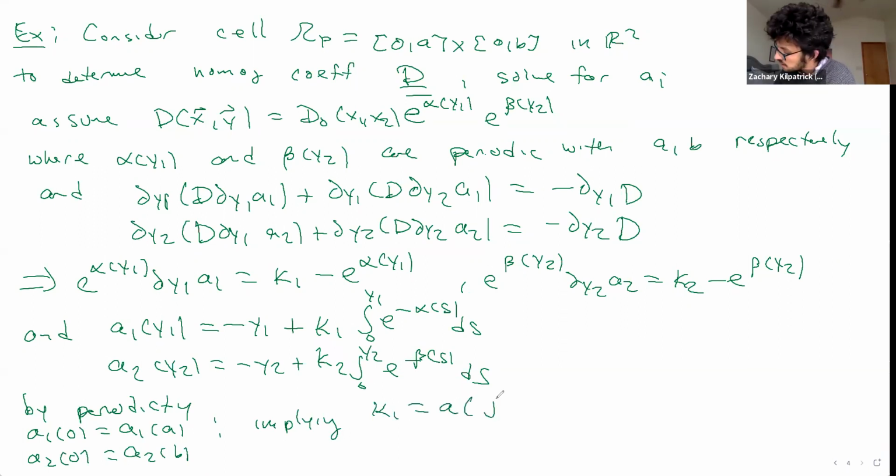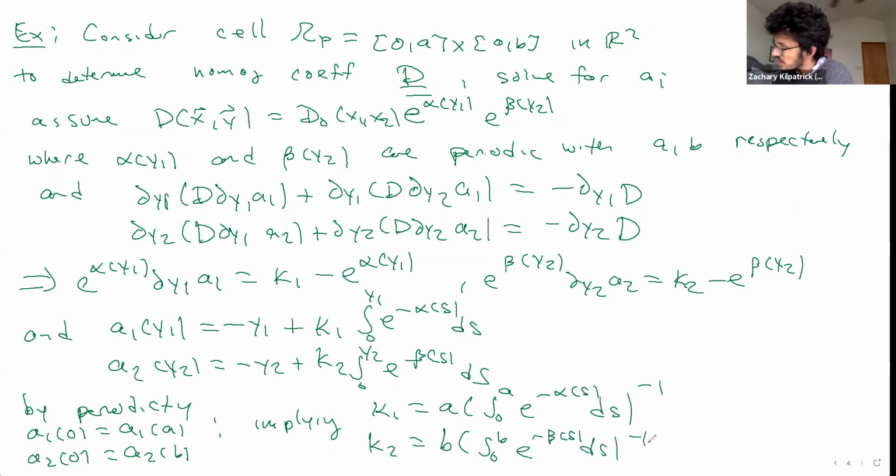Okay, so we can apply that to these above formulas, and we get that kappa 1 equals a times the integral from 0 to a e to the minus alpha of s ds to the minus 1. And we have that kappa 2 is equal to b integral from 0 to b e to the minus beta of s ds to the minus 1.